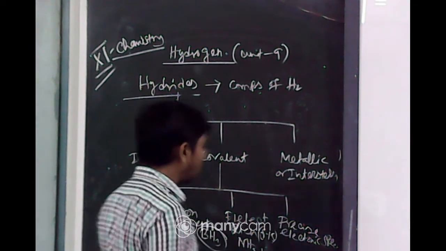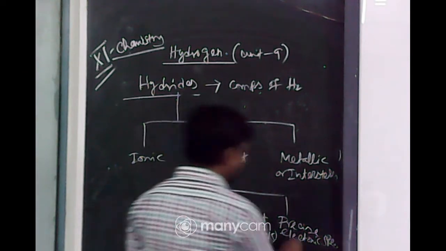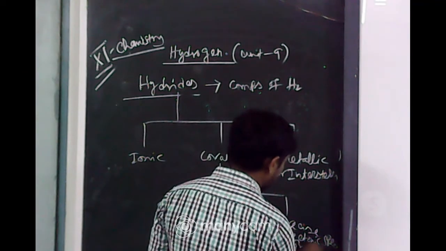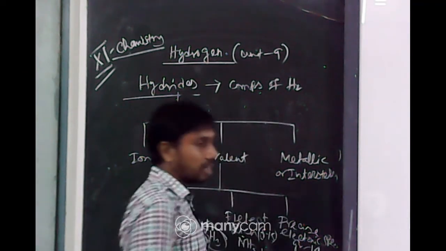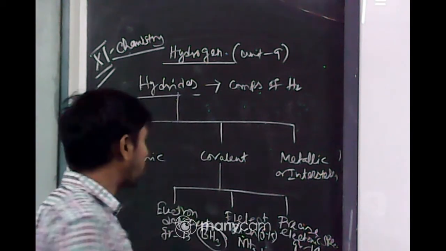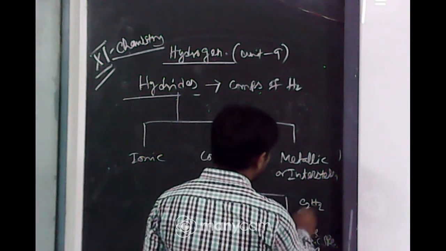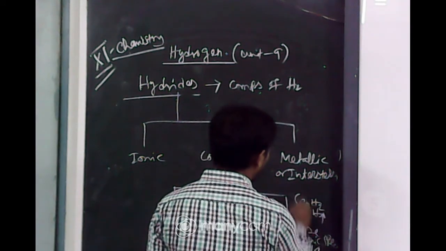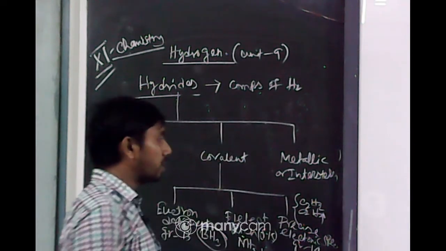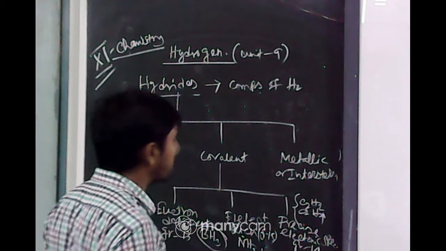Group 15 forms the hydrides of electron rich species, and electron precise, that is group 14. The examples are the olefin or the hydrocarbon, that is C2H2, C2H4. These are all examples of precise electronic species. So, this is all about the chart of the hydrides.